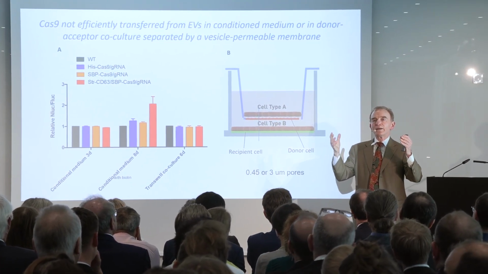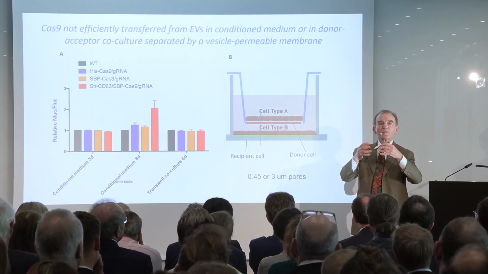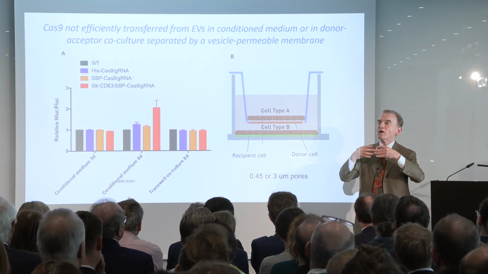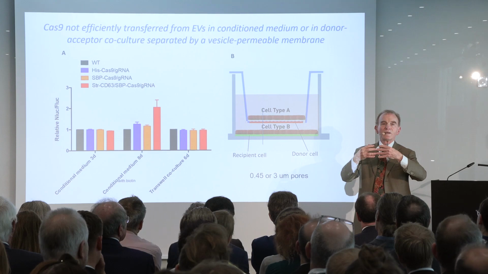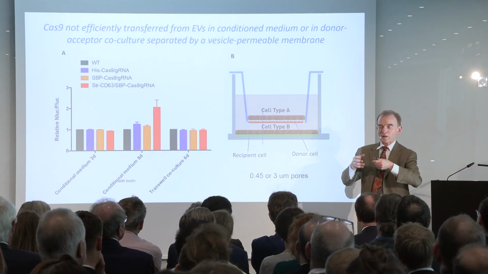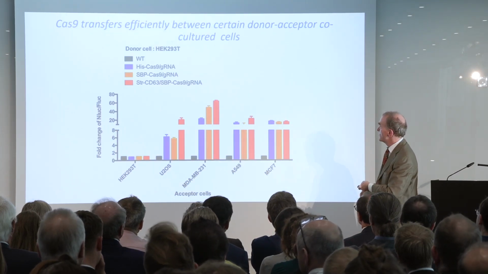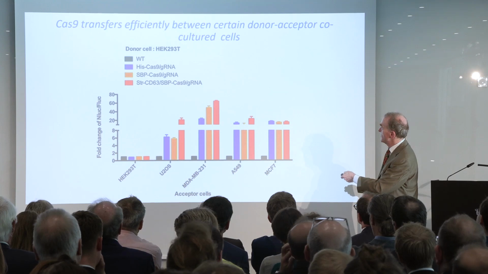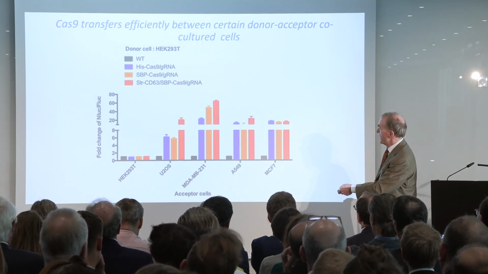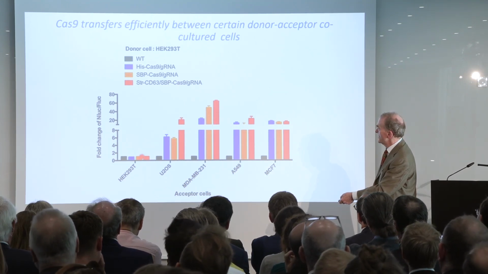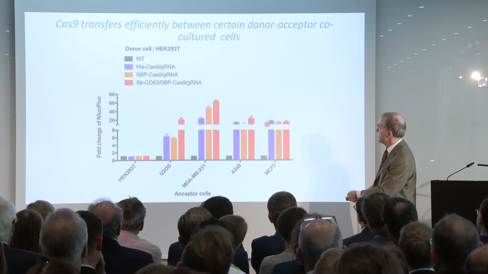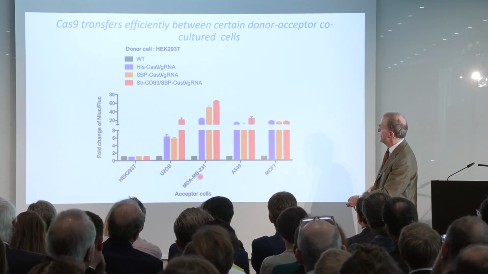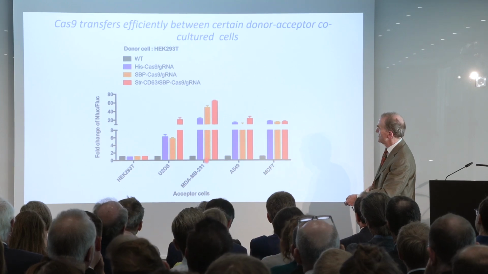When Song Yan took the two cells, the donor and acceptor cell, and cultured them together under conditions where there was a possibility of physical contact, the result was very different than what I've shown you just now. So here's one of the experiments. In this case, HEK293 cells serve as a donor, and one of 4 different tumor cell lines is used as the acceptor, the winner being this cell line MB231, this breast cancer cell line.